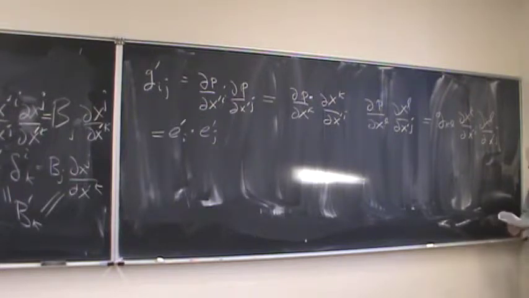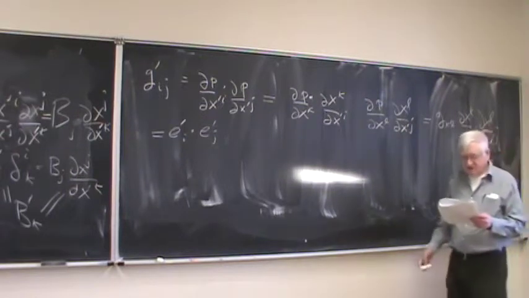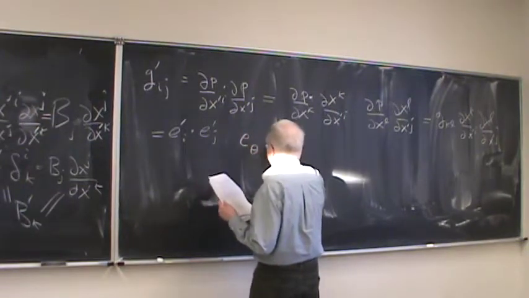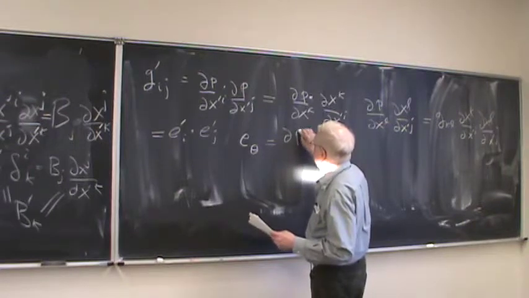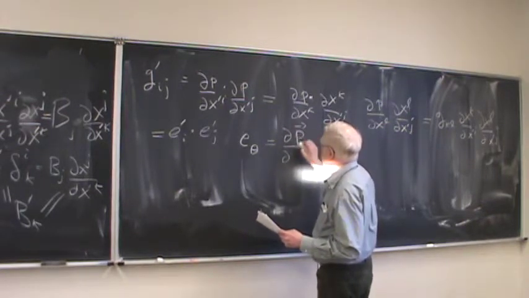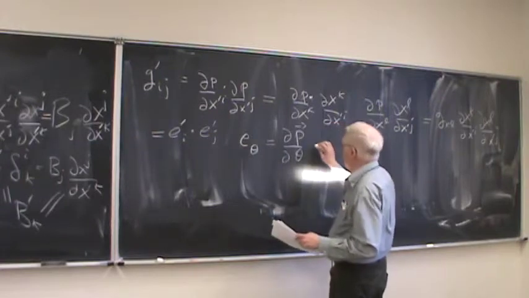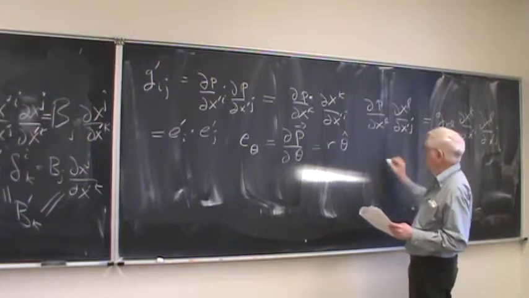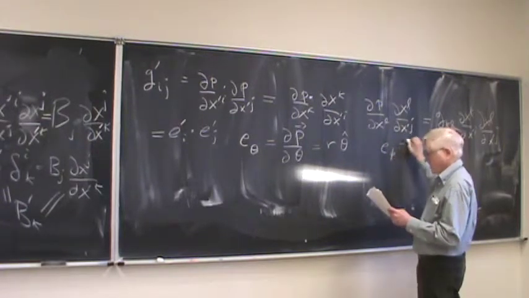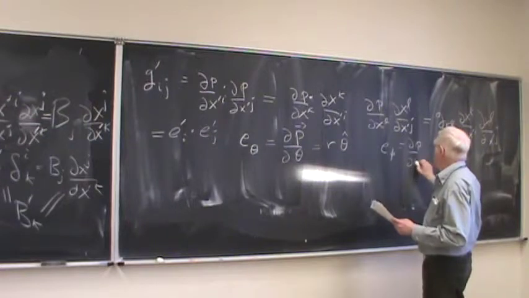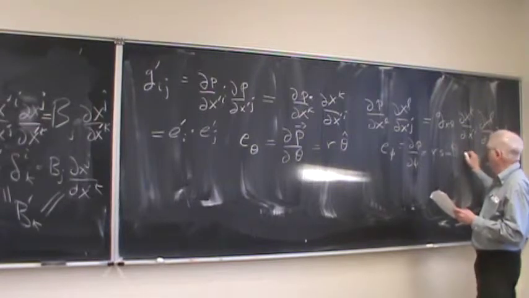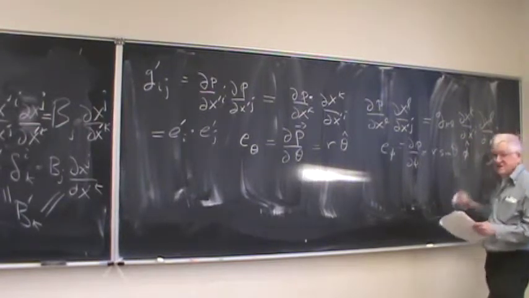And for example, we can consider a point on a sphere. And then we consider e theta, for example, is partial of P, which is now a 3-vector, partial theta. And this is R theta hat. And then e phi, partial P partial phi, this is R sine theta phi hat.